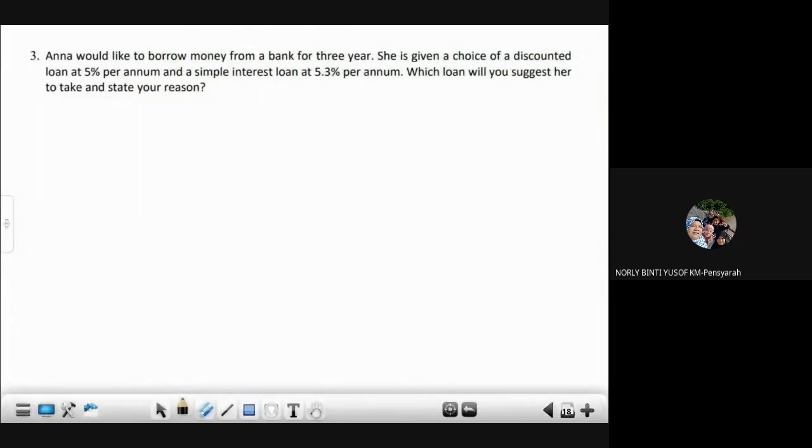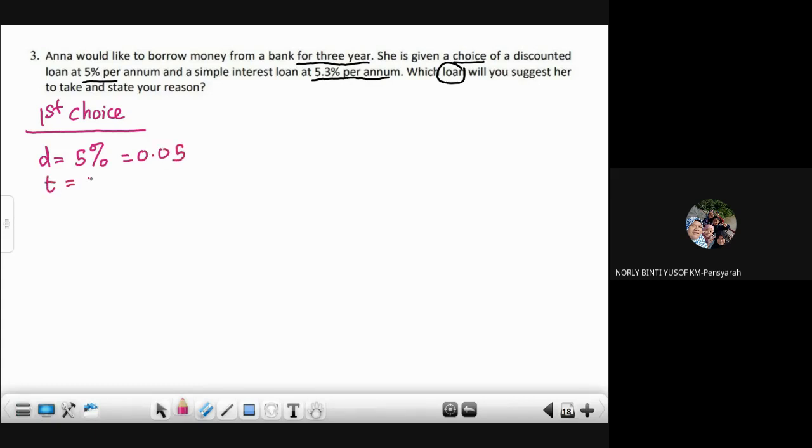Anna would like to borrow money from a bank for 3 years. She is given choice of discounted 5% per annum or simple interest loan at 5.3% per annum. Which loan will you suggest? To take and state your reason. So kita ada dua pilihan. Yang pertama, first choice adalah bila D dia 5%, that means 0.05, tempoh masa dia 3 tahun.